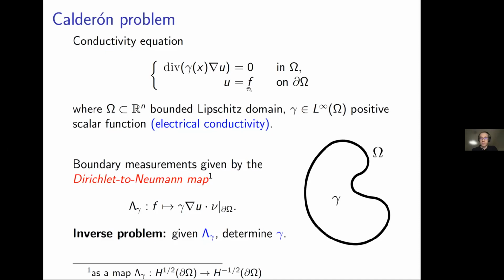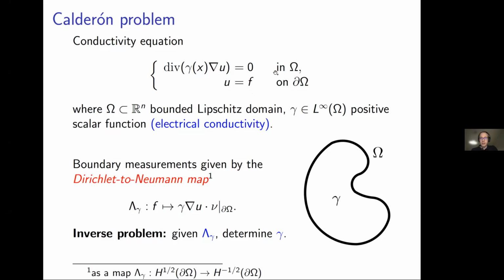And then you can impose a voltage on the boundary, which will be a Dirichlet condition for this elliptic equation, so u equal to f on the boundary. And then the voltage u is going to solve this conductivity equation, divergence of gamma(x) nabla u equal to 0 in omega.